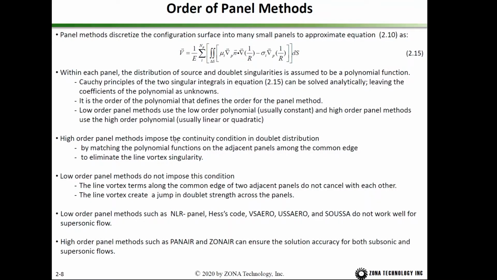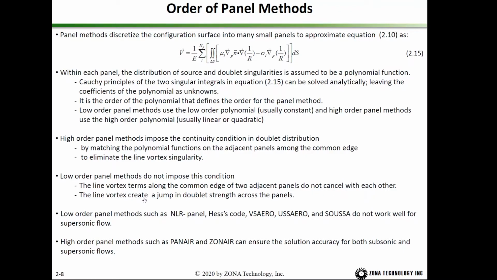The high order panel method imposes the continuity condition in the doublet distribution by matching the polynomial coefficients on the adjacent panels along the common edges to eliminate the line vortex singularity. The lower order panel method does not impose this condition. The line vortex term along the common edge of the two adjacent panels cannot cancel with each other.